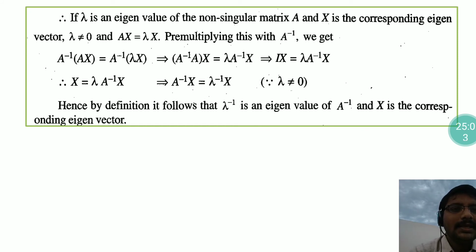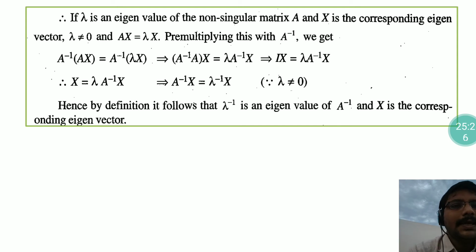A inverse into A is I. So we get I X equals lambda into A inverse of X. But the identity matrix multiplied with the non-zero matrix X gives the non-zero matrix X. We already know that I into any matrix gives the same matrix.